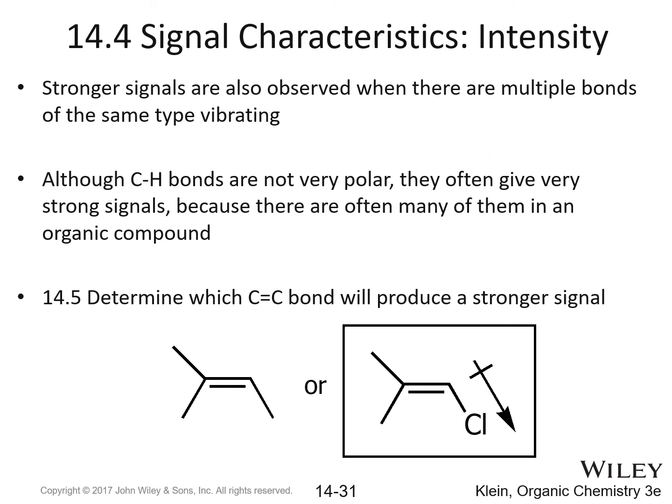So our second molecule here has a net dipole moment in the direction of the chlorine atom, and this will produce a much stronger signal compared to the nonpolar molecule on the left.